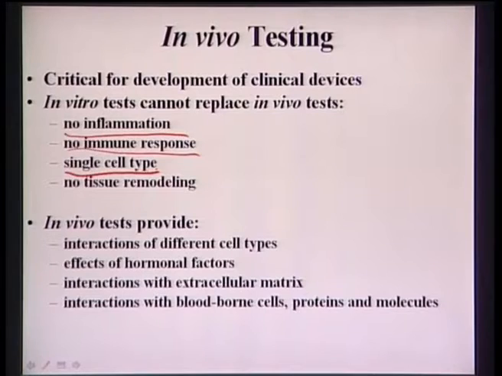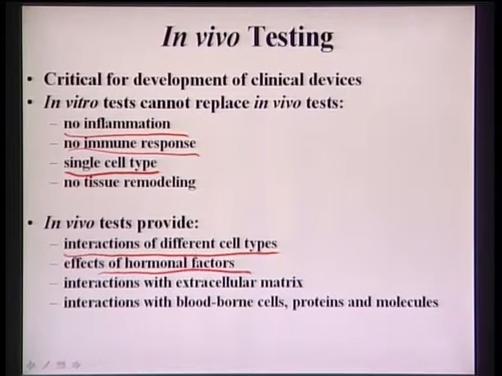Therefore, in vivo tests are necessary, and they provide information on the following aspects. First one, interactions of different cell types. As I mentioned, during in vivo implantation a material will come in contact with different cell types. Effects of hormonal factors, those factors cannot be assessed in in vitro conditions.